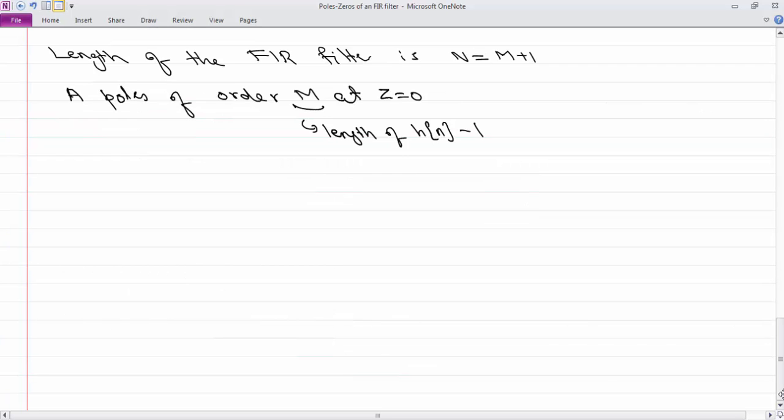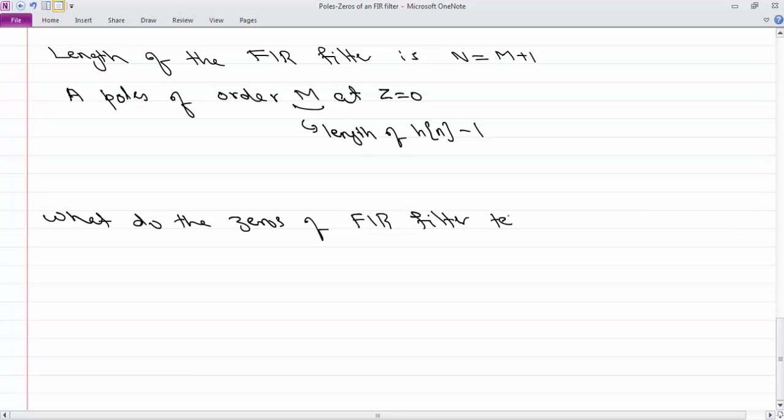So that was the discussion about the poles of FIR filter, which is a very simple discussion. But what about the zeros? We haven't so far talked about the zeros. So the question is, what do the zeros of an FIR filter tell us?